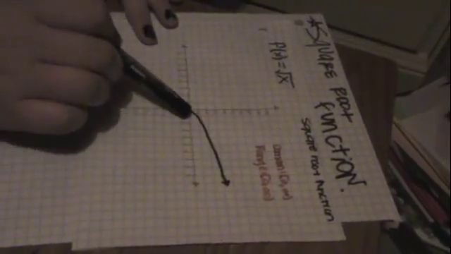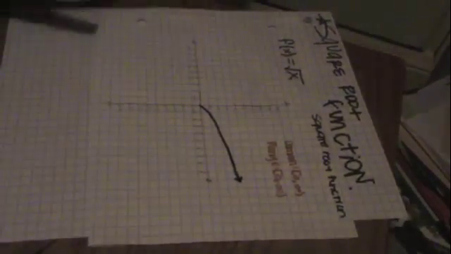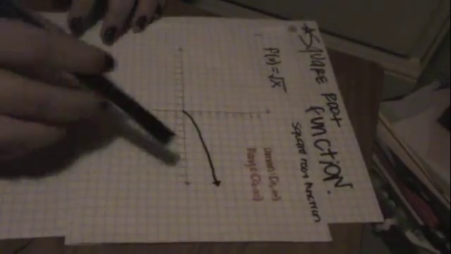As you can see in this graph, the domain is from 0 to infinity. The 0 is included because it starts at 0 and it keeps going. And the range is from 0 to infinity because whenever you do the square root, it's never negative. Whenever you square a number, it can be negative or positive, but whenever you do the square root, it's always positive, because you can never have a negative under the radical.